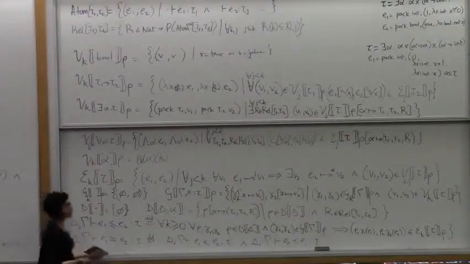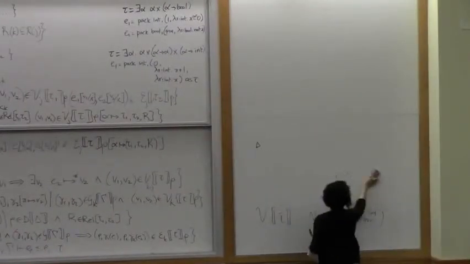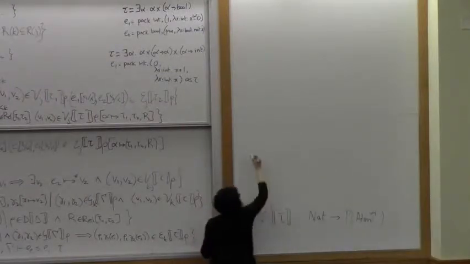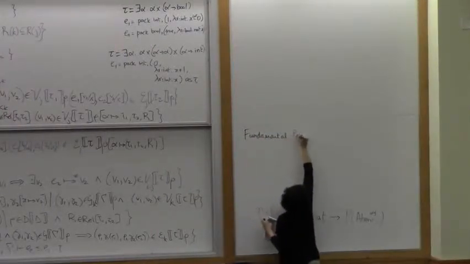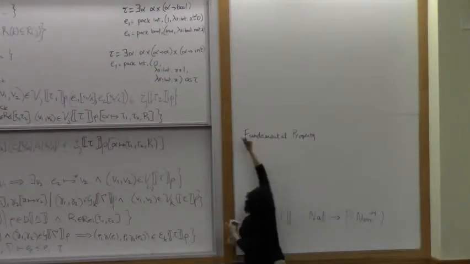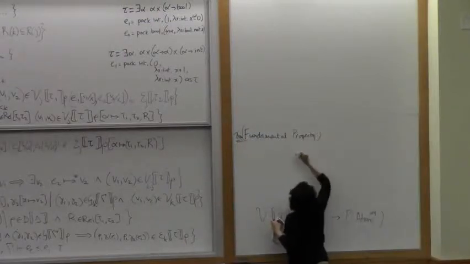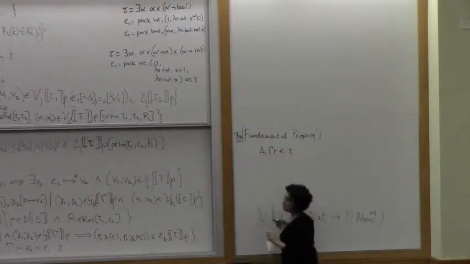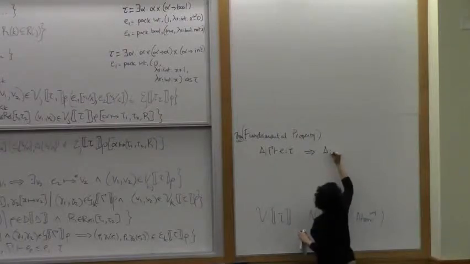And then we basically prove the fundamental property of the logical relation. What is the fundamental property of this binary logical relation? Yes, okay. Fundamental property. Theorem: whenever some expression is well typed, it must be related to itself.